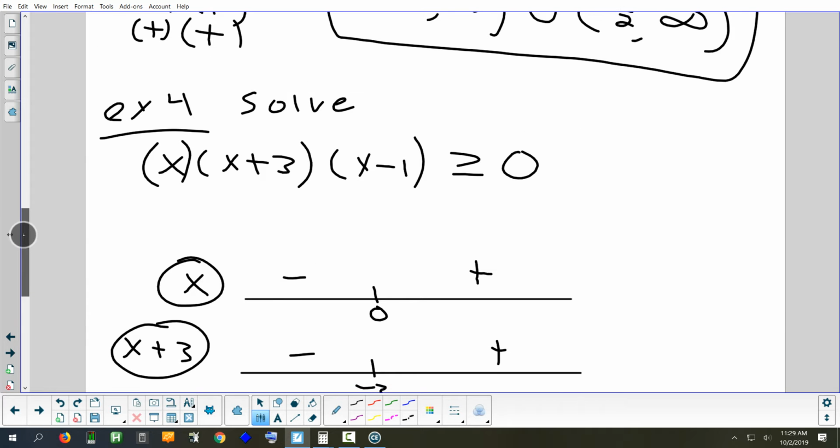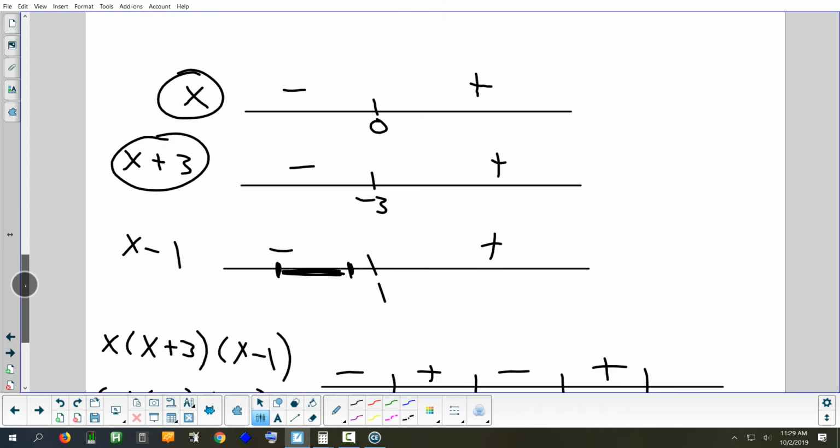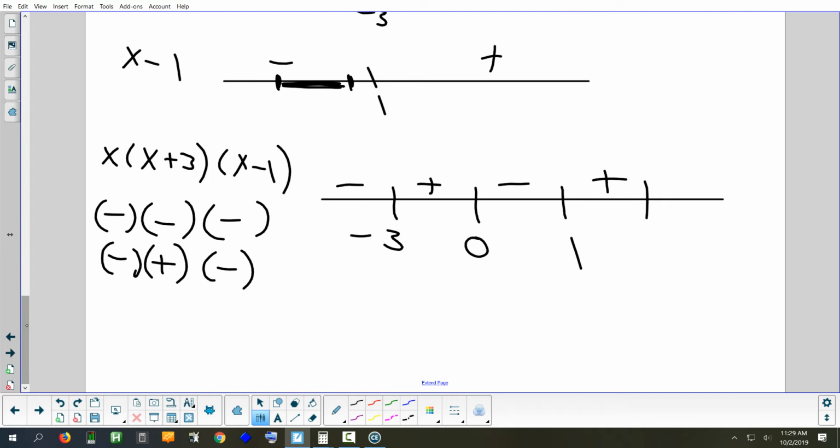When are you greater than or equal to 0? Elias, how many sections here are greater than or equal to 0? Chris? 2.